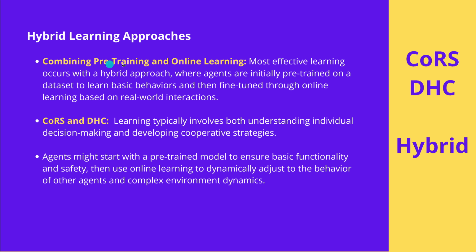So I have a combination of a pre-training and an online learning phase. This is the most effective learning that occurs with this hybrid approach, where agents are initially pre-trained on a set of configurations where the AI learns to find the best solution, the best equilibrium, to learn basic behaviors for our pathfinding, 2-dimensional, 3-dimensional, supersonic, or whatever.